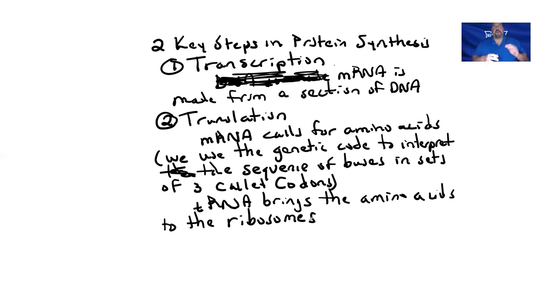Just like with DNA, the only variable in going from one nucleotide to the next in an RNA molecule would be the nitrogenous base. In what is known as the genetic code, bases are not read individually. Bases are not read in pairs. They're read in sets of 3. And each set of 3 is what is known as a codon.